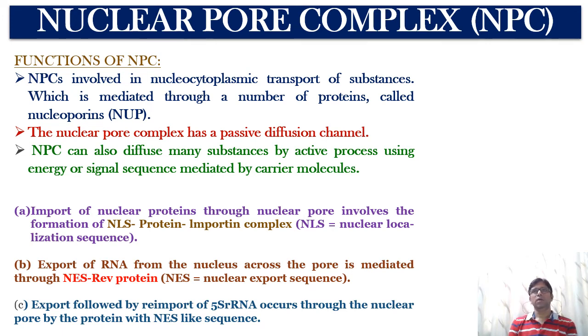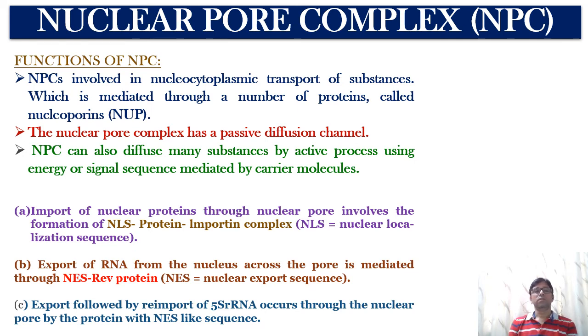Here, as I said earlier, large molecules like proteins and RNA first bind with the receptor proteins present in the pore complexes. These receptor proteins ferry them actively through the pores.